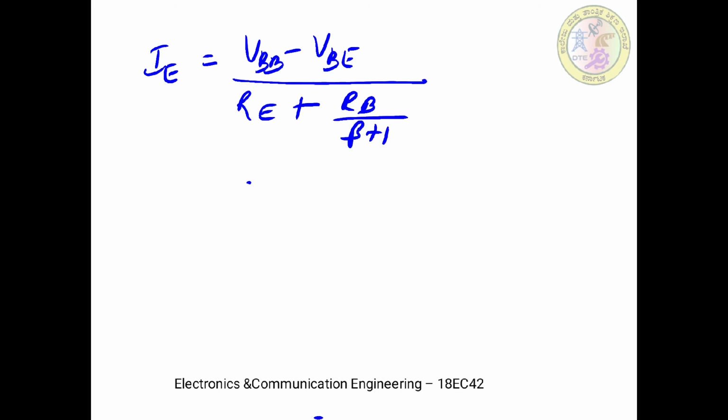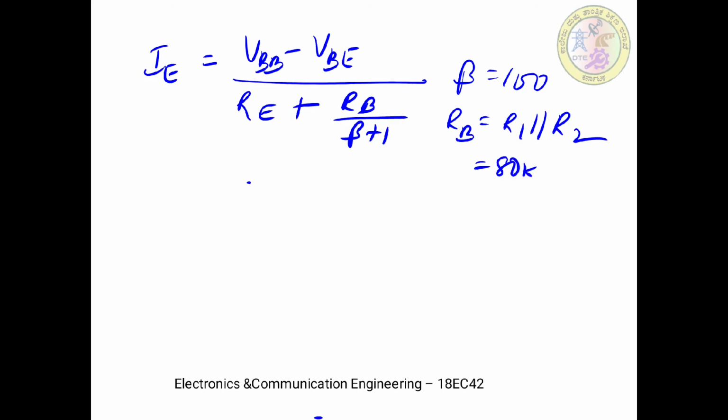Our beta in the problem is given as 100, so beta plus 1 will be 101. And what is this RB now? RB is nothing but the parallel combination of R1 and R2, that is 80 kilo ohms in parallel with 40 kilo ohms.